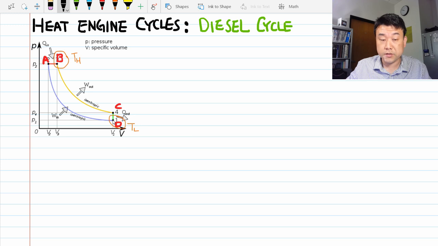All the parameters you see labeled are not actually free parameters. So I think I'm not going to use this volume to specify the system. I don't think I need any of these two pressures to specify the system.